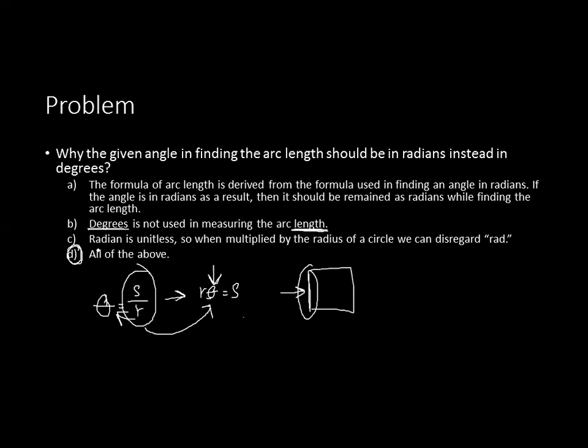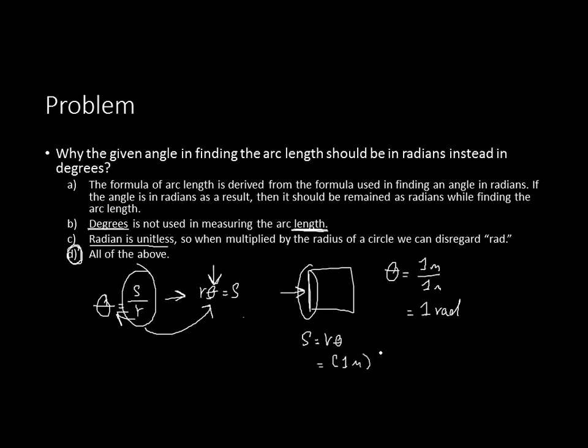All right? And C, radian is unitless. So when multiplied by the radius of a circle, we can disregard radian. This is true. Let's just say, for example, earlier we have 1 meters all over 1 meters, right? So the answer here is 1 radians, right? So let's just say that we're asked to find the arc length. So S is equal to R times theta. So your R is 1 meters, right?